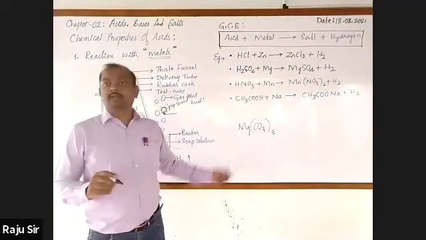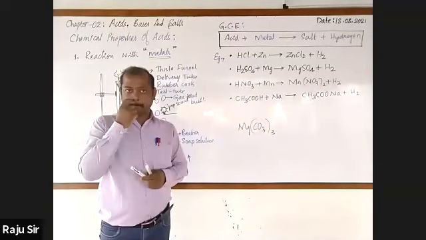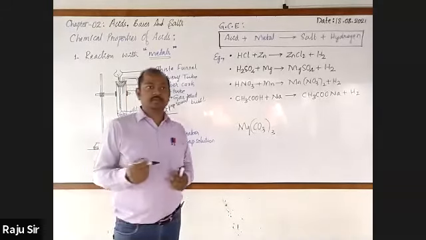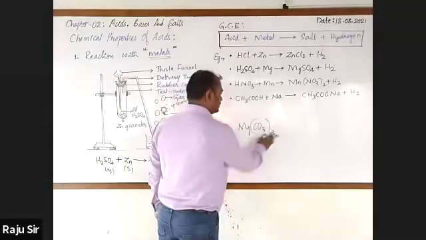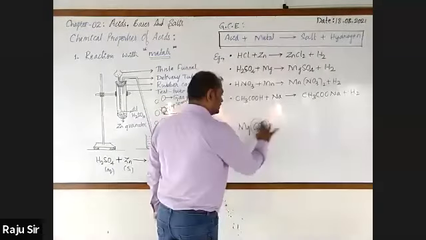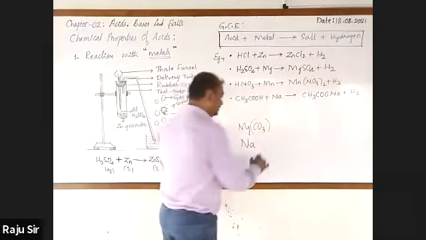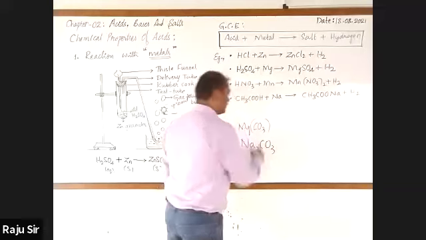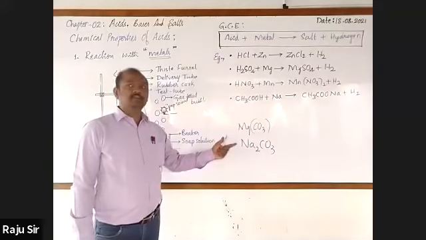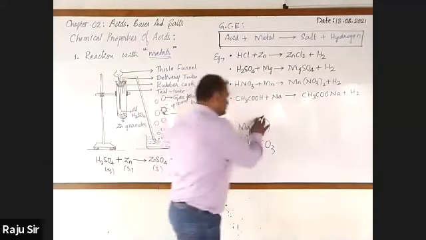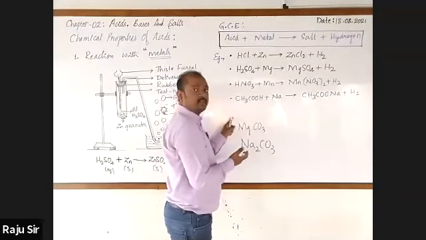Then one of the metal carbonates which is used as washing powder is sodium carbonate, Na2CO3.